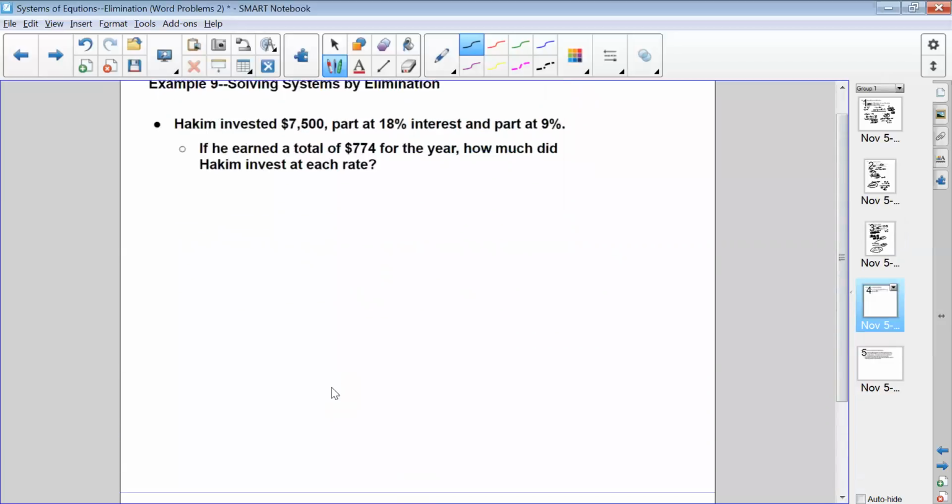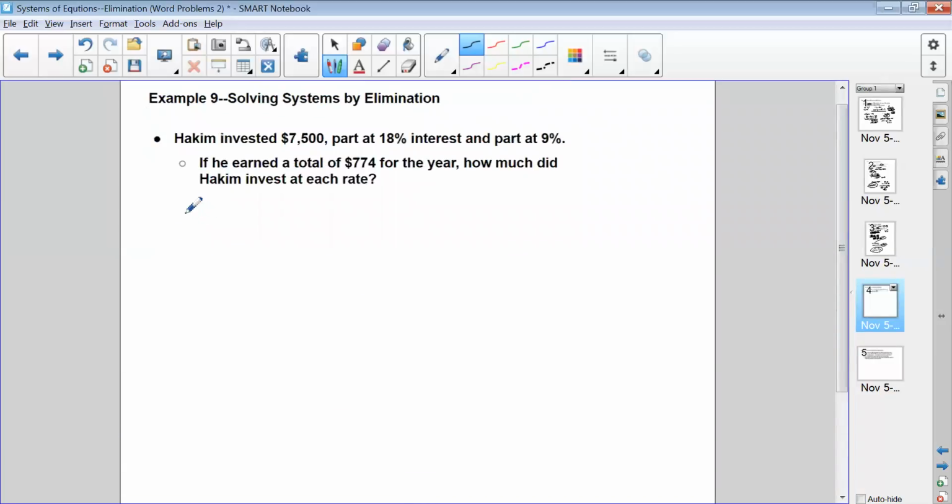Next example, we're looking at another investment where we'll say X is the 18% and Y would equal the 9%. And so we invested $7,500. So again, we've got so much plus so much is going to equal 7,500.